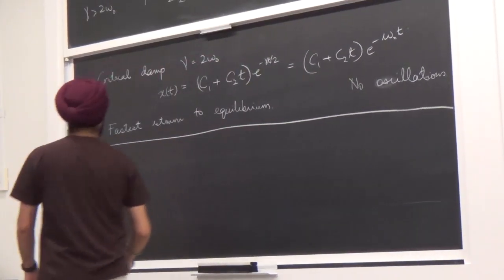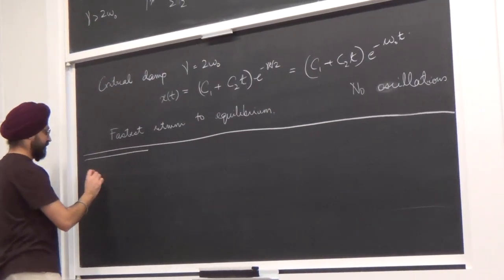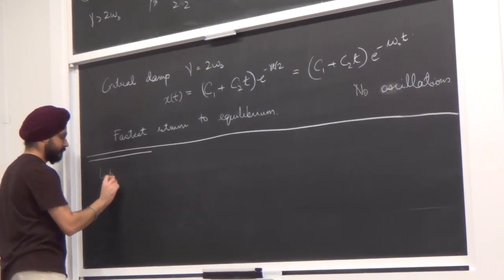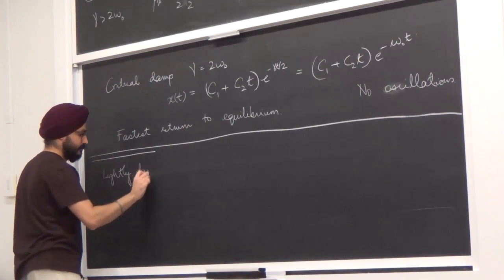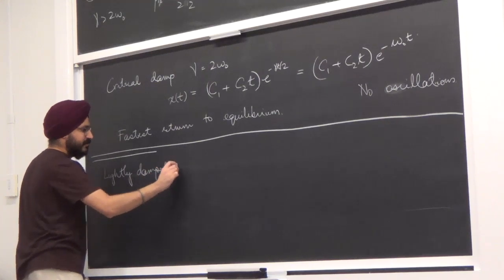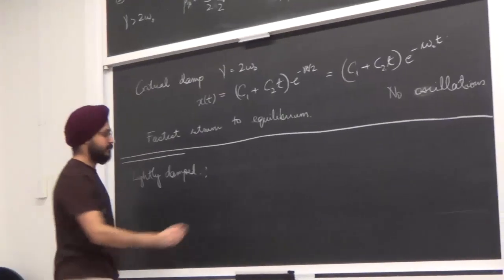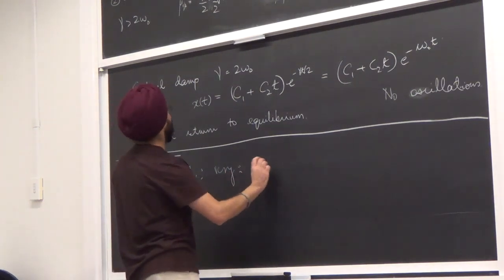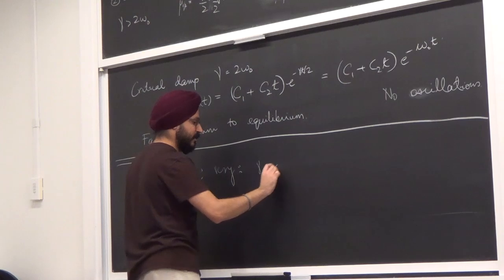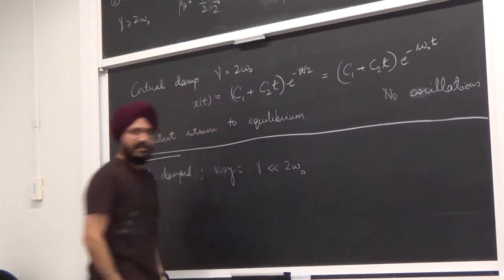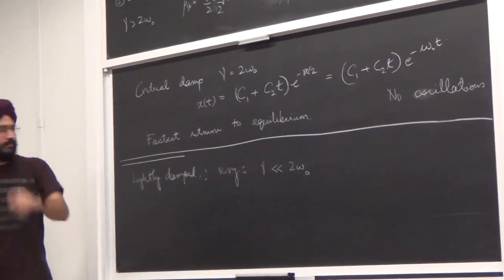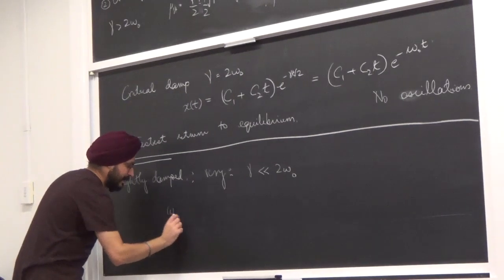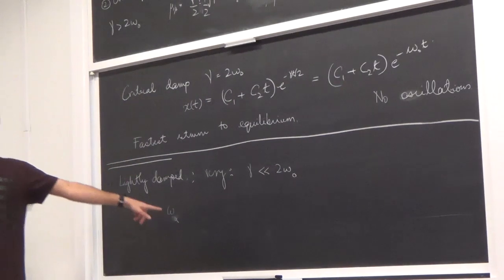One thing I want to mention is that in the underdamped case or the lightly damped case, if it's very, very light damping, because of which gamma is much, much less than 2 omega naught. There's a damping term, but very small. In that case, how do I approximate omega u?